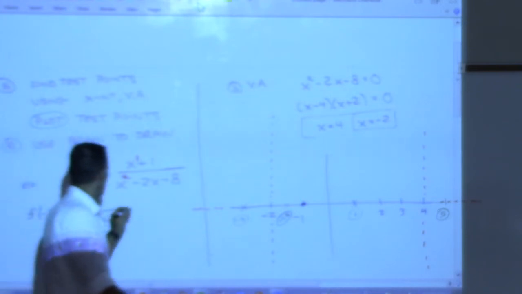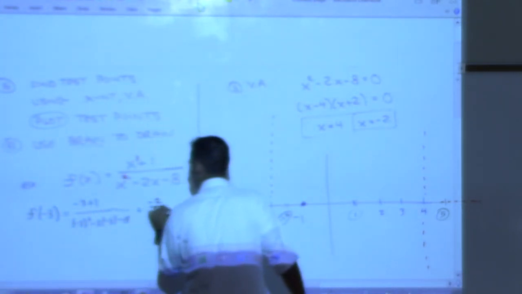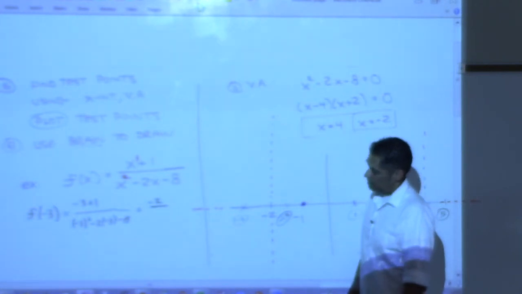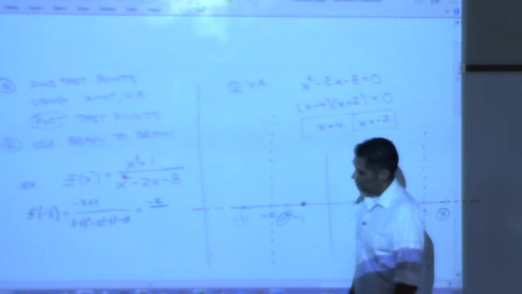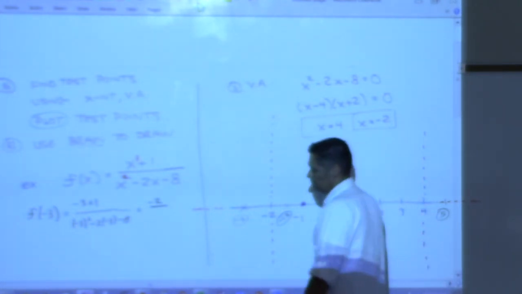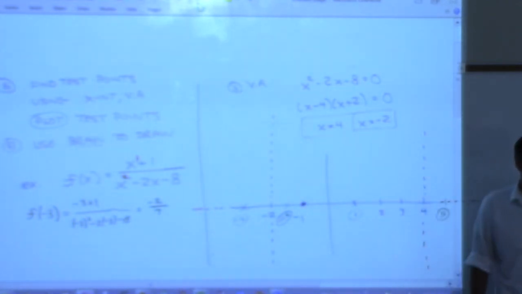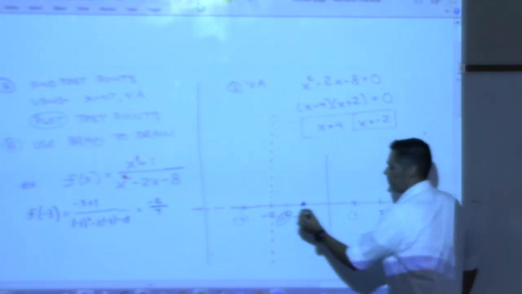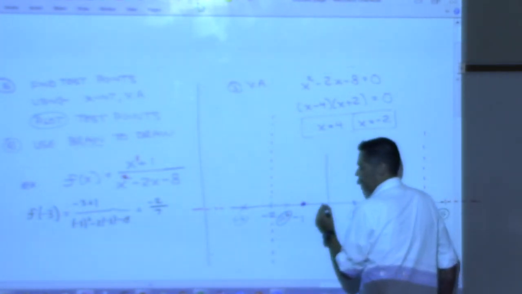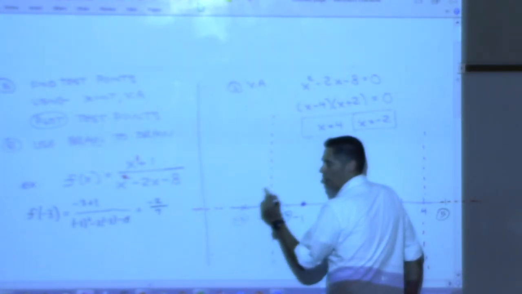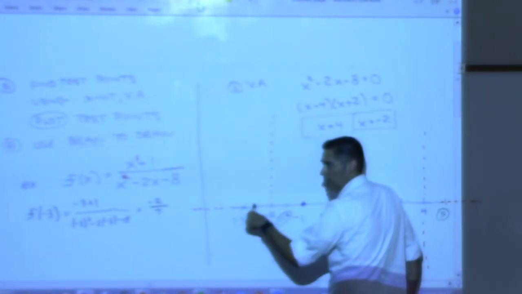So we get -2 on top, and on the bottom we get 9 plus 6, 15, take away 8, 7. -2/7. Y'all see that? So at -3, here's 0. At -3, I'm supposed to go down 2/7. All I want you to care about, though, is that it's below.